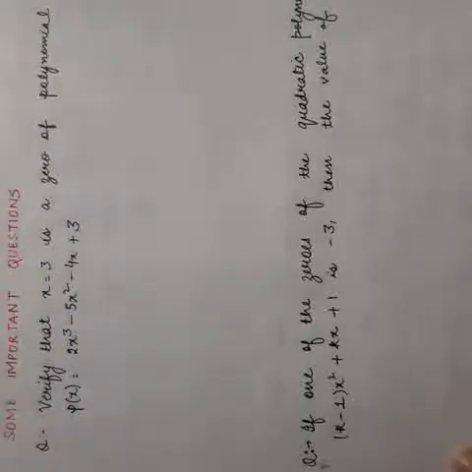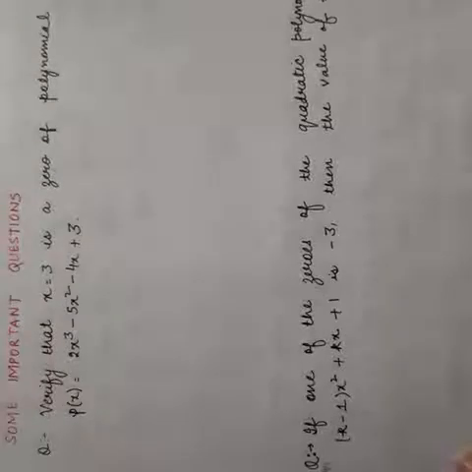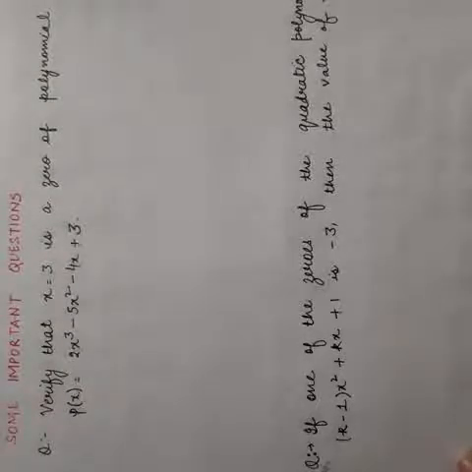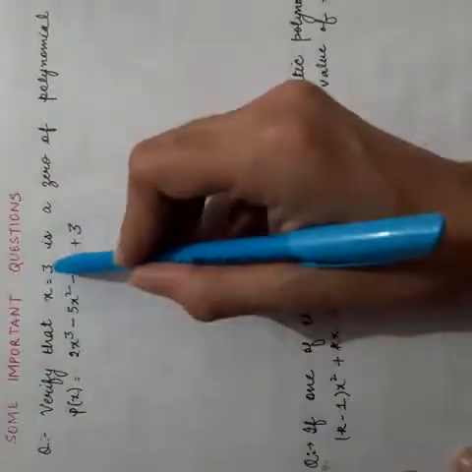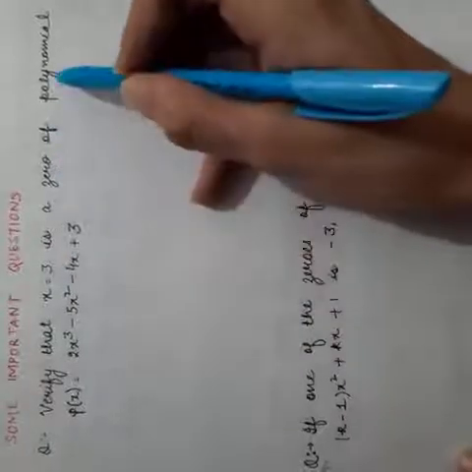Now we'll do some simple questions based on the zero of a polynomial. The first question says, verify that x is equal to 3 is a zero of the polynomial p(x) is equal to 2x cube minus 5x square minus 4x plus 3. Now you just have to show that x is equal to 3 is a zero of the polynomial.